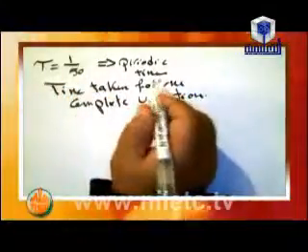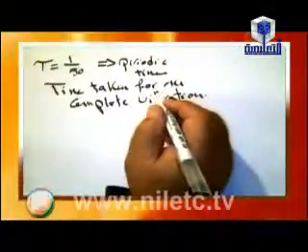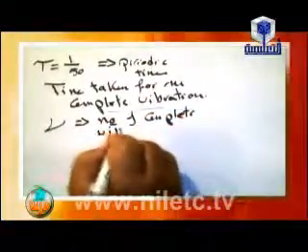So 1 over 50 is the time taken for one complete vibration. What is meant by frequency? Frequency is the number of complete vibrations or complete oscillations in 1 second.